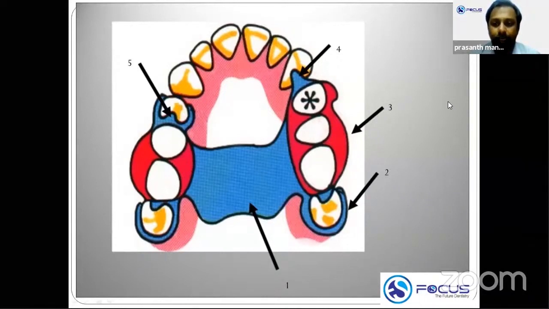Great, many of you are answering. Which component is number two? It's not the minor connector. Yes, it's the direct retainer. It's the clasp assembly. Number three, which part of the removable partial denture is marked as number three?